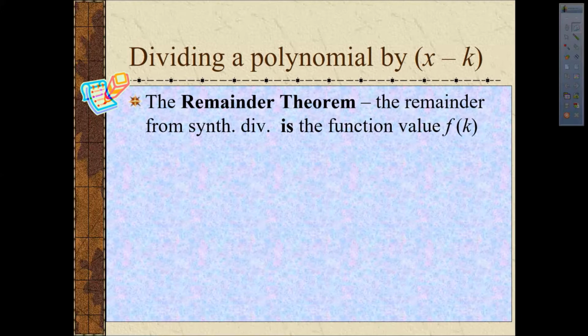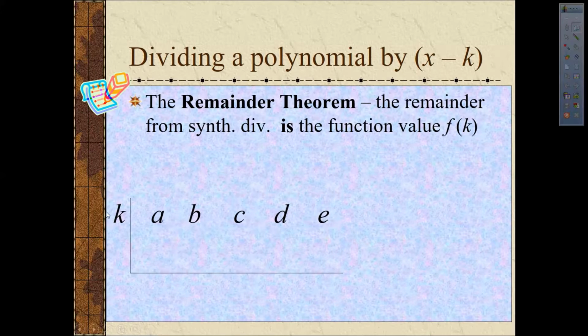That is, the polynomial that we start with is some kind of a function. When we do synthetic division, we actually find the value that would result if we put k as the input of that polynomial function. For instance, a, b, c, d, and e here are representing the coefficients of the function f.